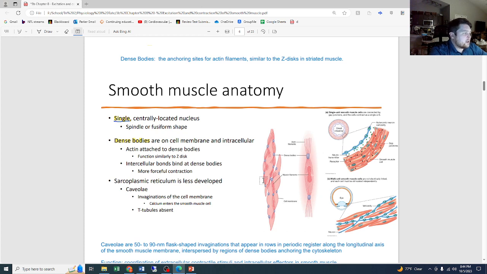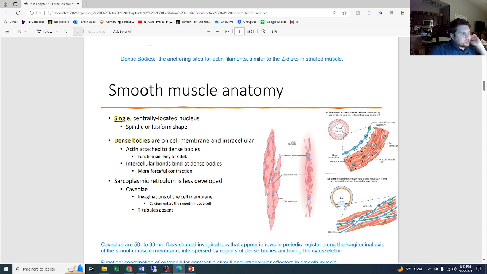The shape of them are going to be spindle, also known as fusiform. The fusiform is kind of this almost football-y kind of shape. And they're connected to each other by these things called dense bodies. The dense bodies are the anchoring sites, kind of like how we looked at the sarcomeres are separated by the Z-disc, and the Z-discs are connected to each other in skeletal muscle.